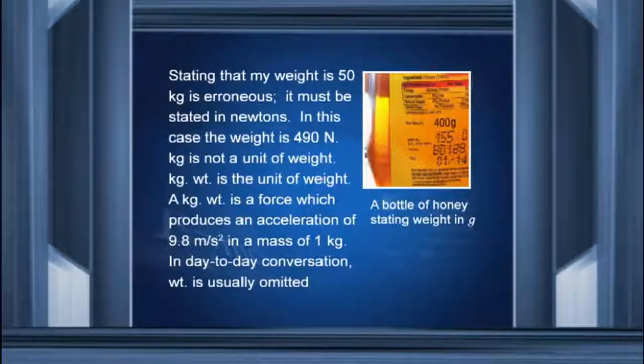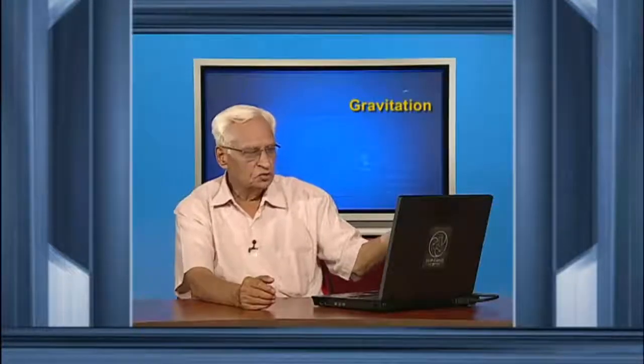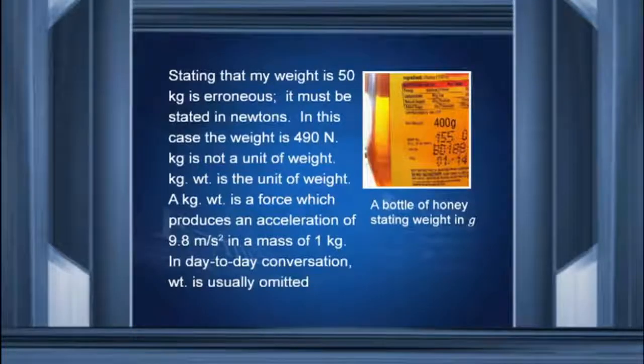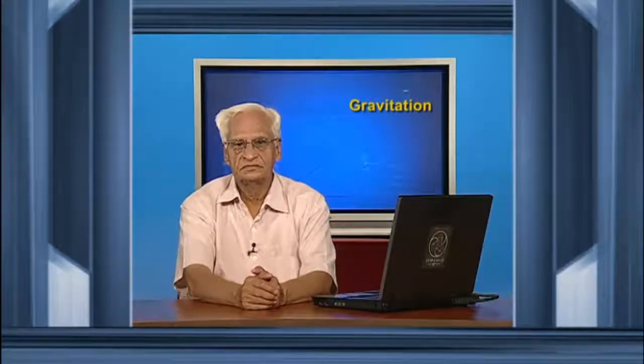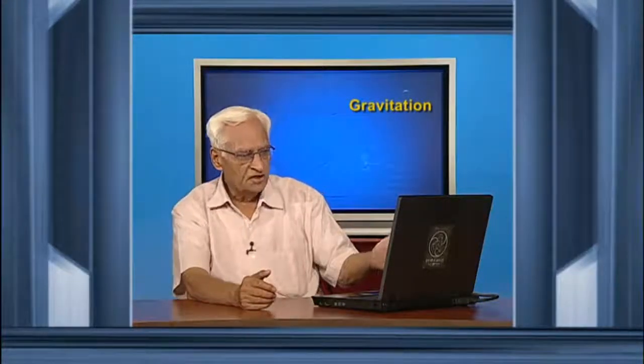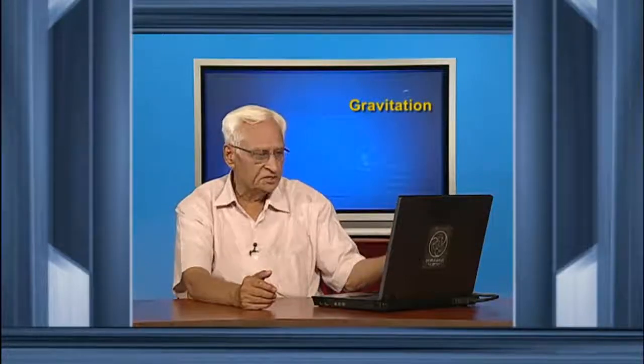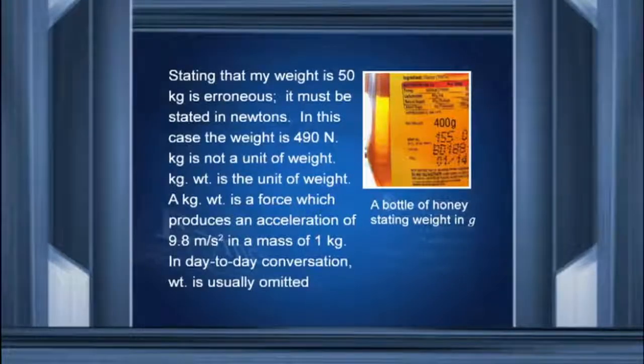Stating that my weight is 50 kilograms is erroneous. Although we use it every day, it is actually wrong. What we should say is that my weight is 490 newtons, because weight is a force, therefore, we must use the units of force. However, kilogram weight is also a unit of force, and a kilogram weight produces acceleration of magnitude 9.8 meters per second square in a mass of 1 kilogram.